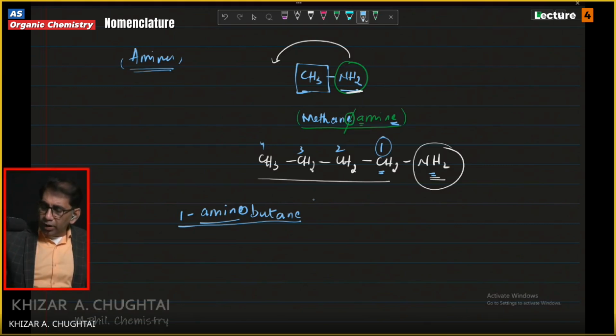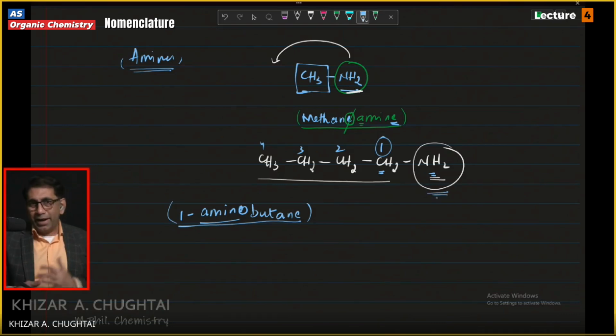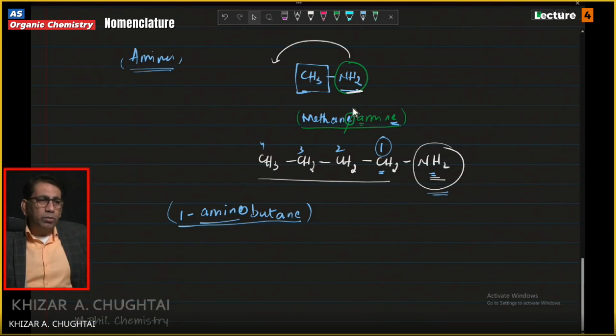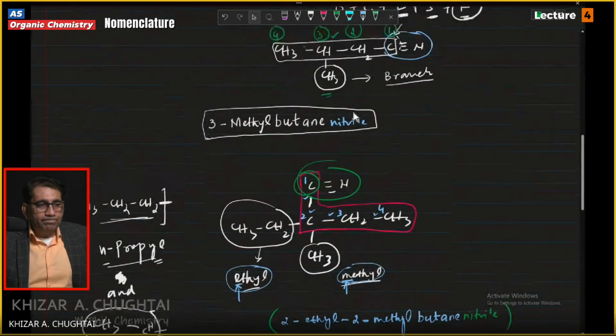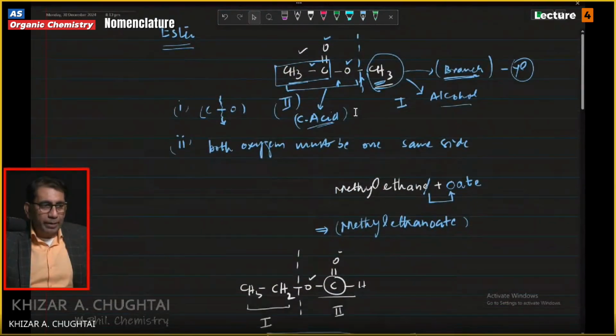So as I told you, there are different styles to write the name of primary amines, especially primary amines, which are part of your syllabus. In my opinion, it's easier if you consider it as a branch and so on. So that's all about your 3 different functional groups: ester, nitrile, and amine.